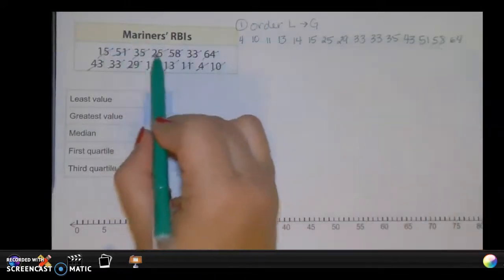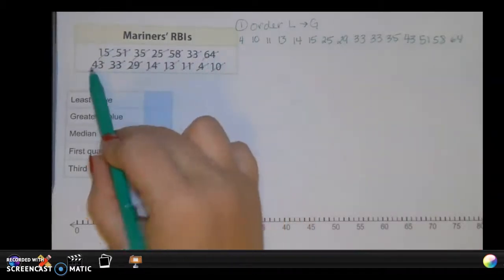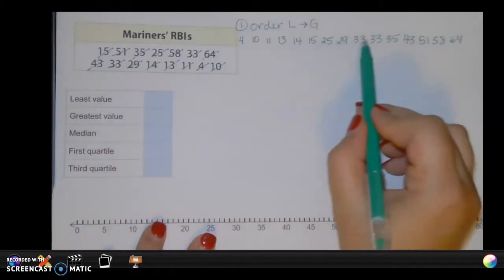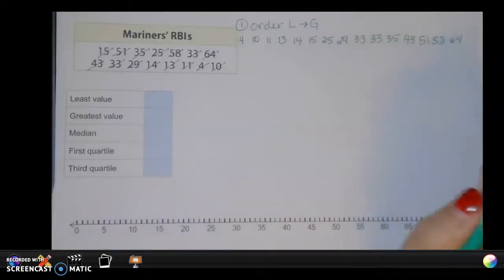So I have 1, 2, 3, 4, 5, 6, 7, 8, 9, 10, 11, 12, 13, 14, 15. Now I am good to go.